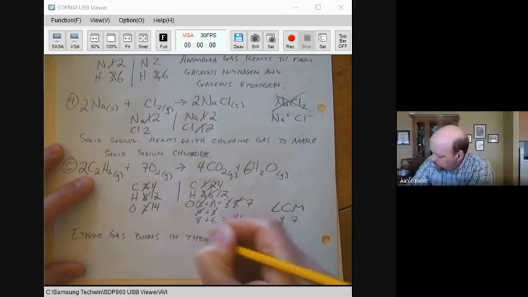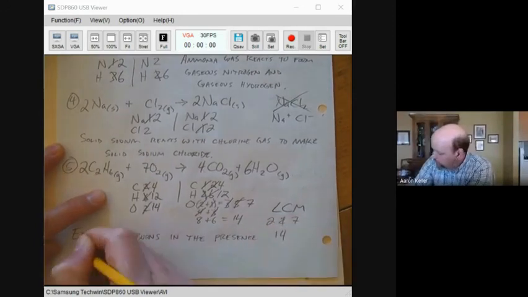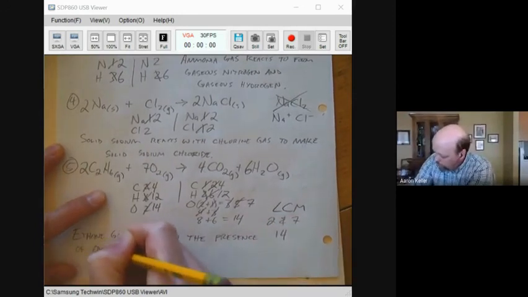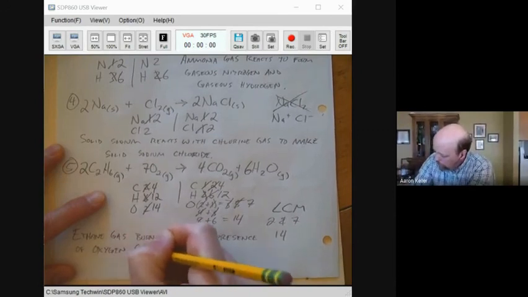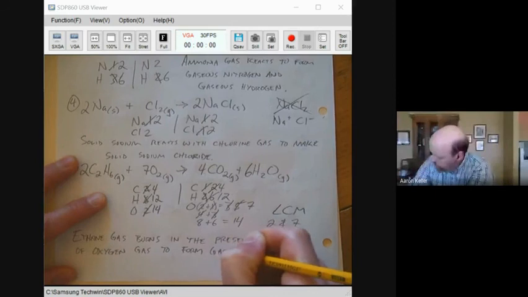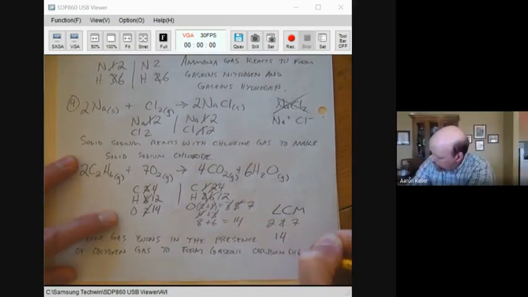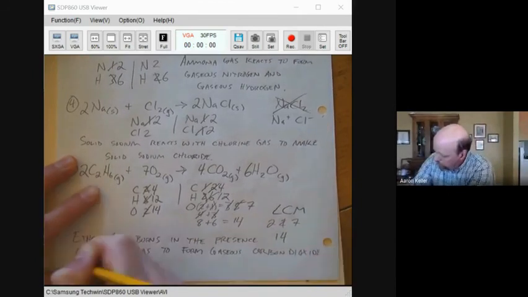in the presence of oxygen gas to form gaseous carbon dioxide and water vapor.